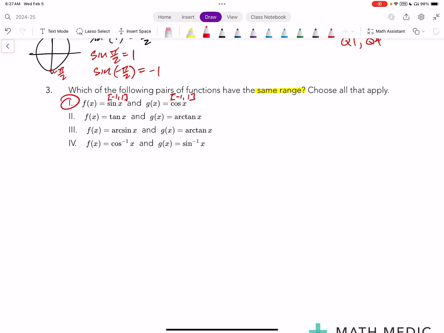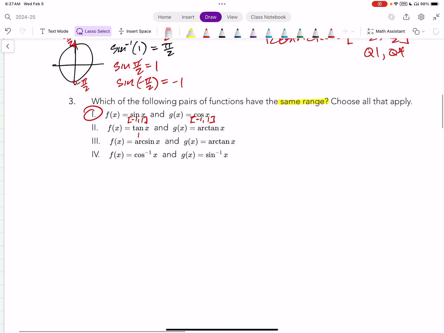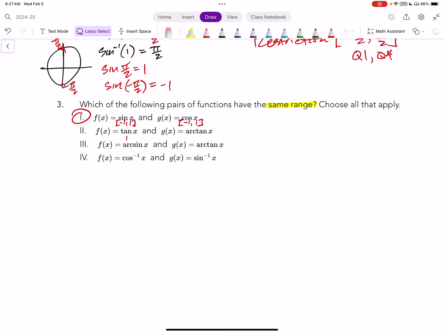How about the rest? Well, the range for tangent x goes infinitely up and down. So here, I'm just going to write it like this. Okay, so the range of tangent x here is the set of all reals, because it goes infinitely up and down.